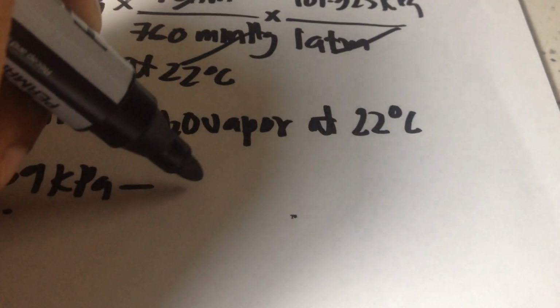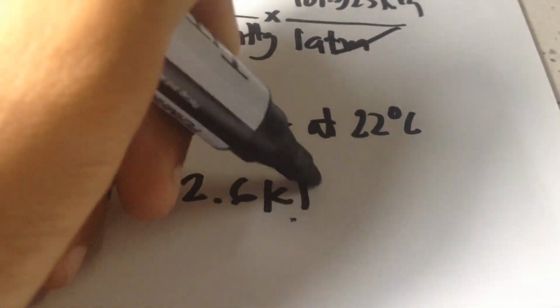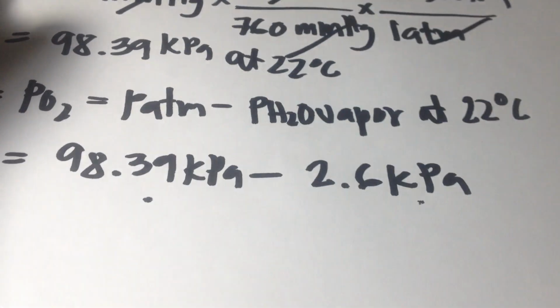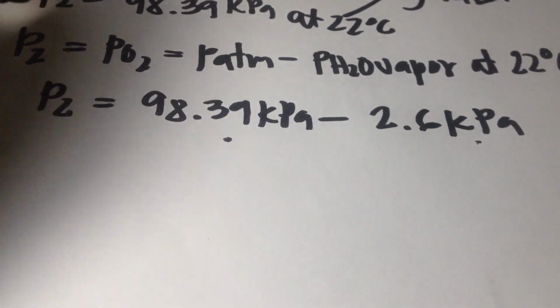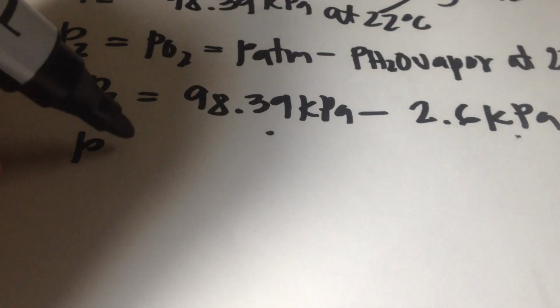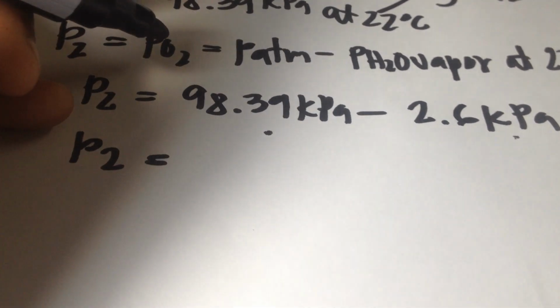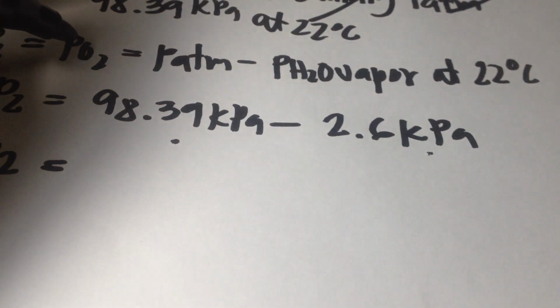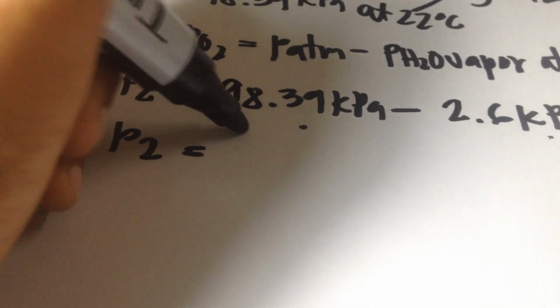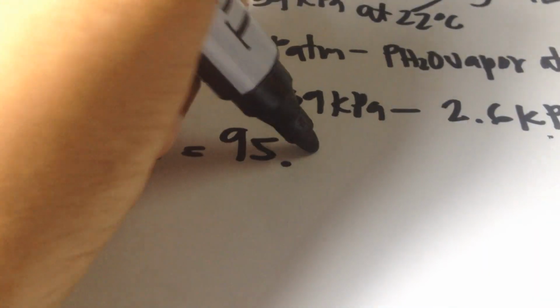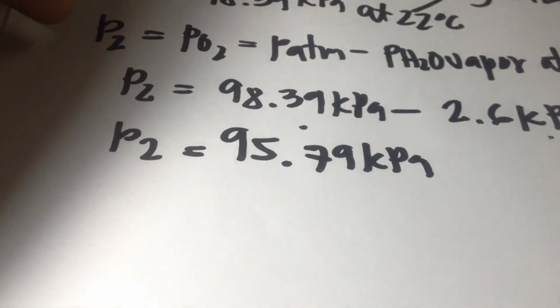So 98.39 minus 2.6 is 95.79 kilopascal. There is our pressure 2.